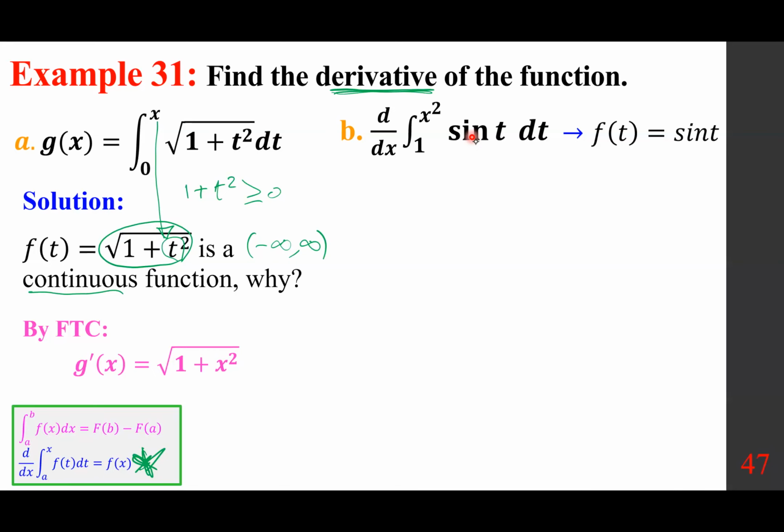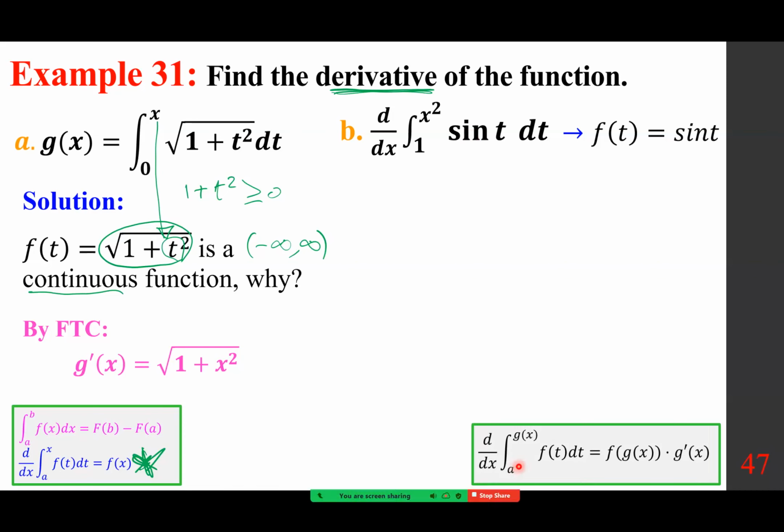Then I'm going to remind you the derivative of the integral from a to g of x of f of t dt. If this is x, we have the basic FTC and we're fine. But if it's a function of x, you have to replace the t with g of x and then multiply by g prime of x. This is by the chain rule.